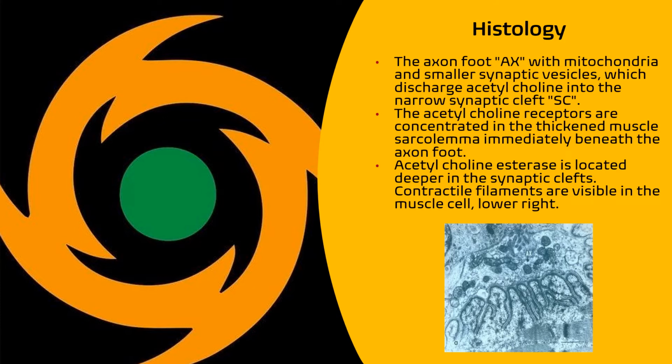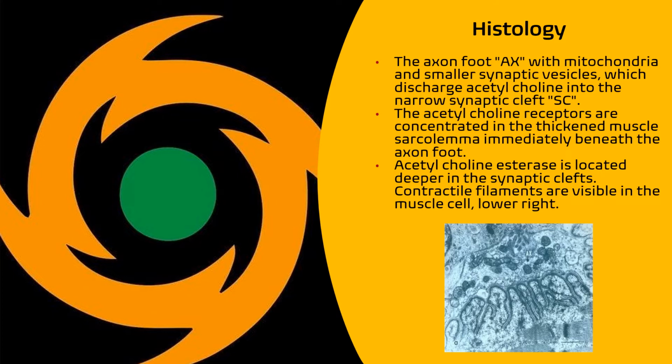So in this slide, there is an AX side and an SC side, and the acetylcholine receptors are concentrated in the thickened muscle sarcolemma immediately beneath the AX part.